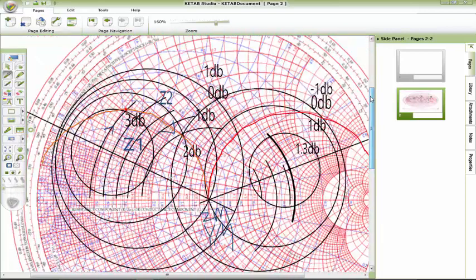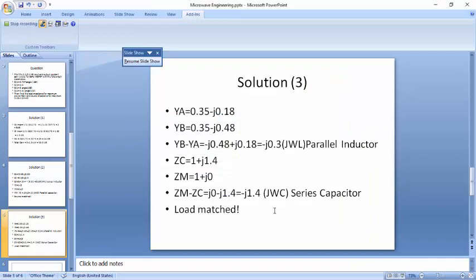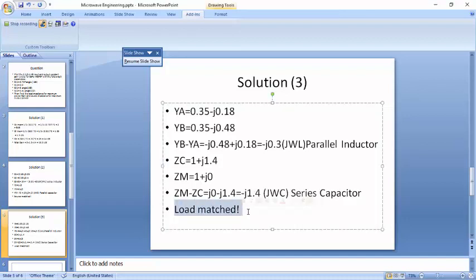Okay, so as we can see, the match point is j0 minus j1.4. We have minus j1.4, which is a series capacitor. This is how we get the load matched.